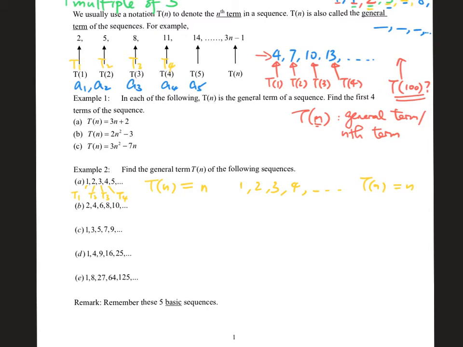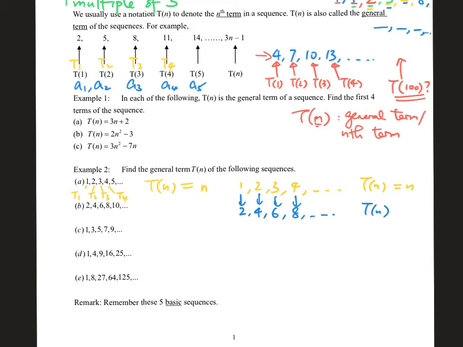So what if we now change to talk about consecutive positive even integers? How will we get the Tn from the other one? Now you can take a look: 1 times 2 is 2, 2 times 2 is 4, 3 times 2 is 6, 4 times 2 is 8, right?